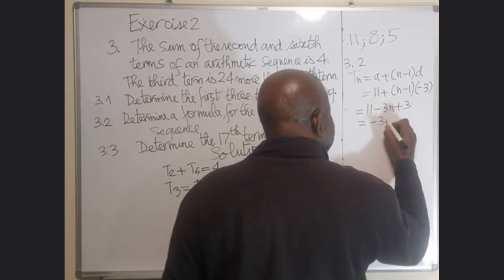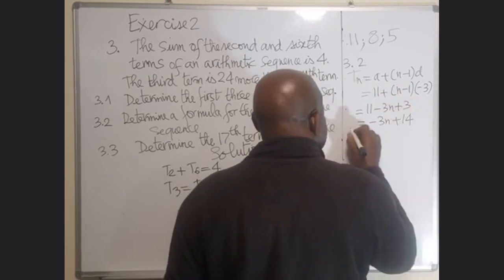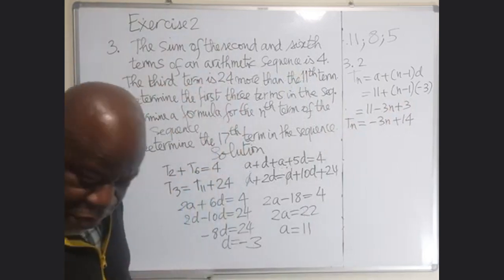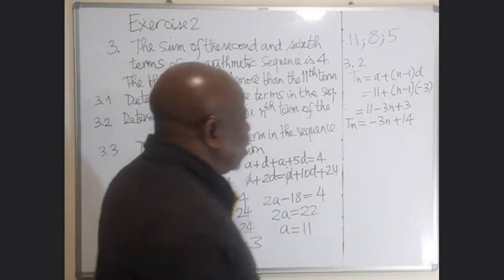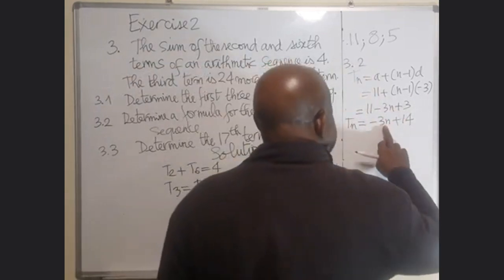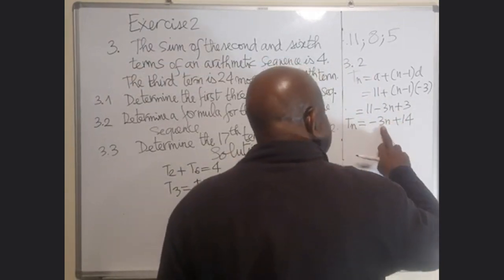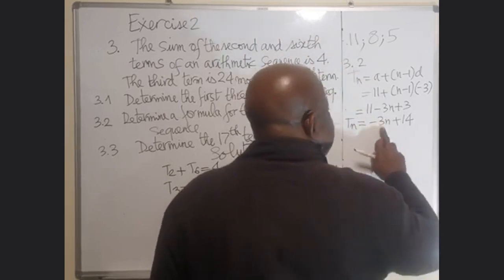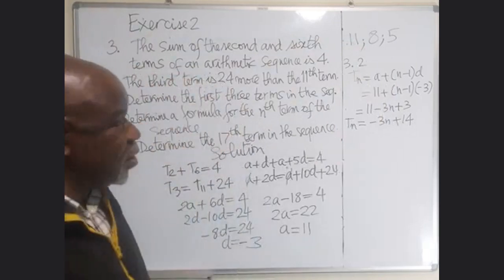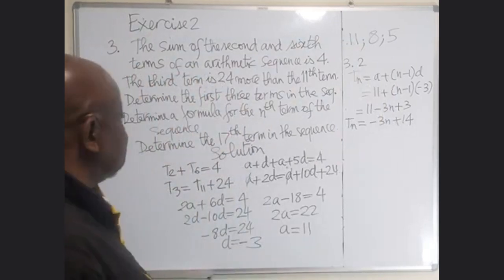It will be negative 3n plus 14. So our general term is negative 3n plus 14. We can check and see if it's correct. If n is 1, then we're having 14 minus 3 is 11. If n is 2, 14 minus 6, then we're getting 8. So our general term is correct.